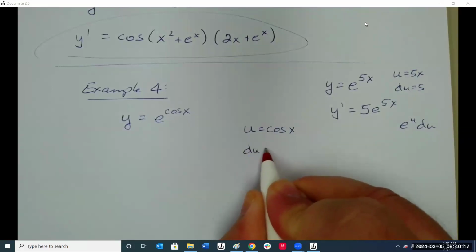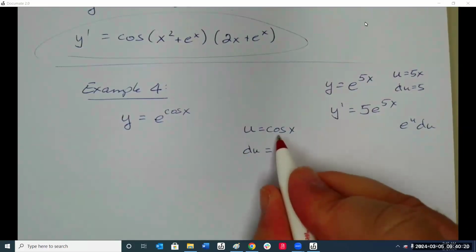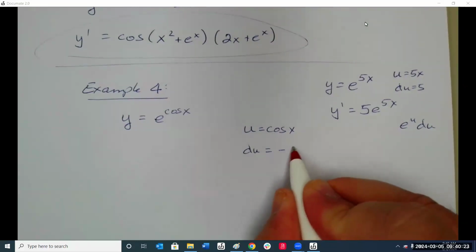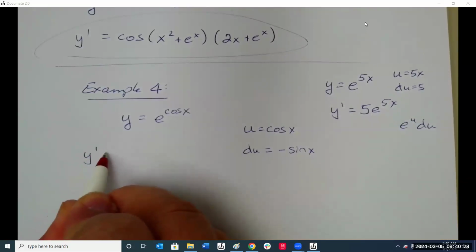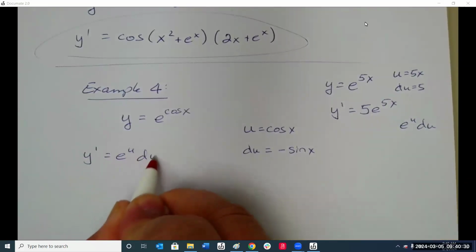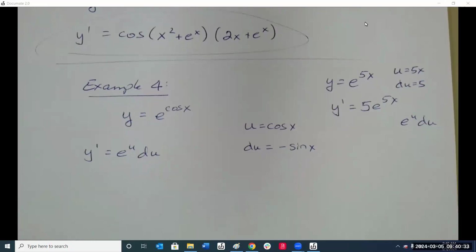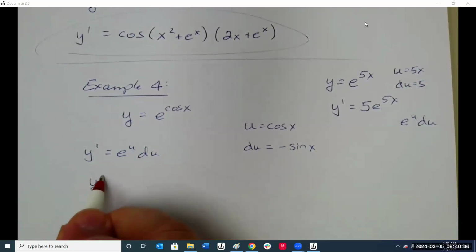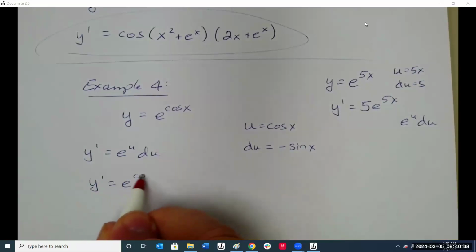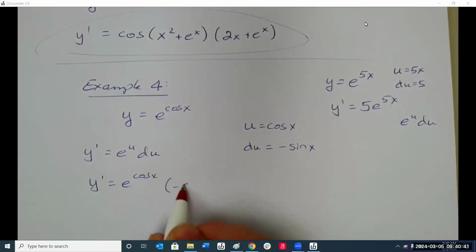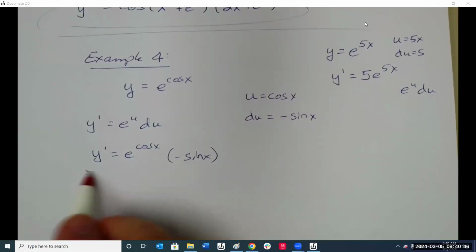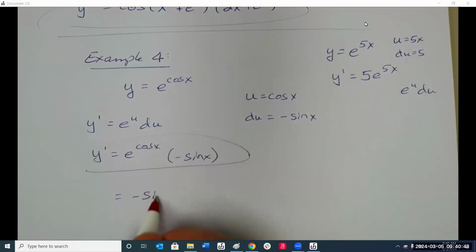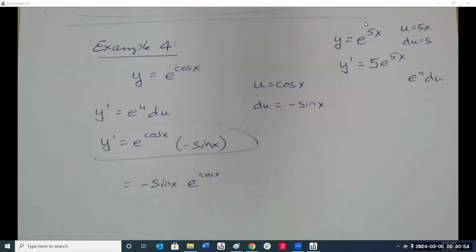So what's du? What's the derivative of cosine? Very good. Negative sine x. So the derivative of e to the u is e to the u du. So we have e to the power cosine of x times negative sine x. There's your answer. You get negative sine x e to the power cosine x. You can write it either way you want to.